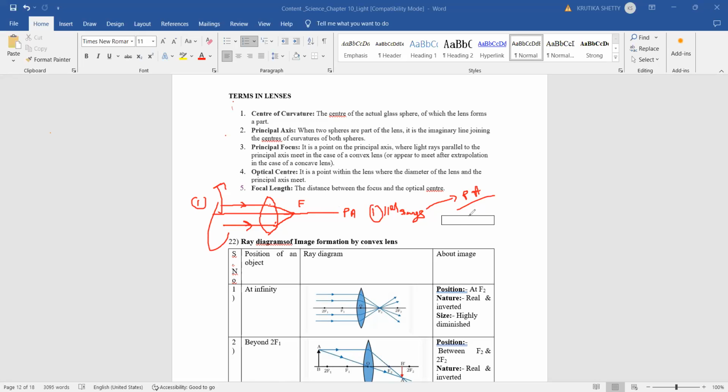Take a book and write down the first type of ray. I'll dictate one sentence because these three types of rays are very important.